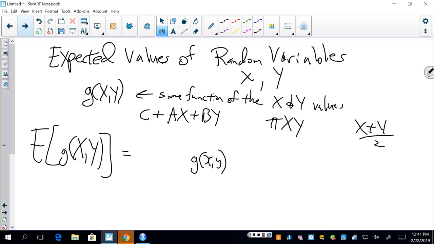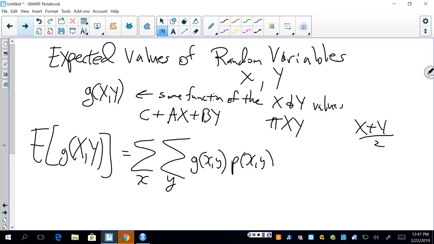It will give us a value, and we're going to multiply those by the probabilities. But now we have two variables going on, right? So x can change and y can change. So expectation is a sum over all those pairs. It's a double sum: sum over the values of x and the values of y. And that gives the expected value of that g(x, y) function.